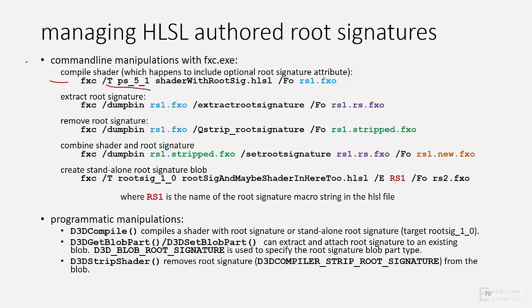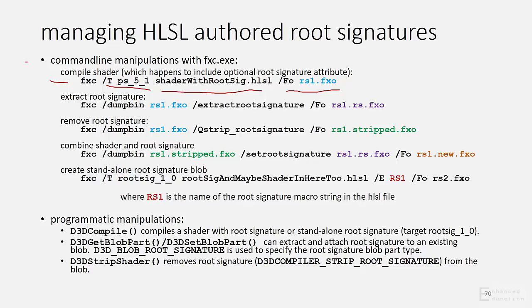Here's the shader program, and suppose that there is a root signature here. That's an optional thing. In this case, if there was a root signature in the program, this output binary now contains both the compiled shader as one blob and the root signature as another blob in the same binary.